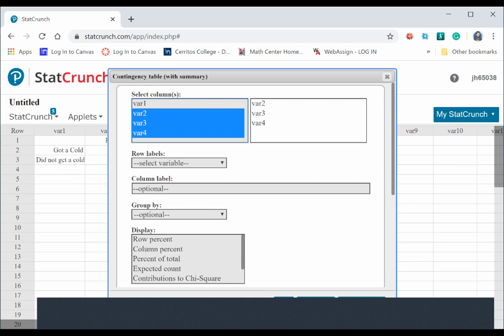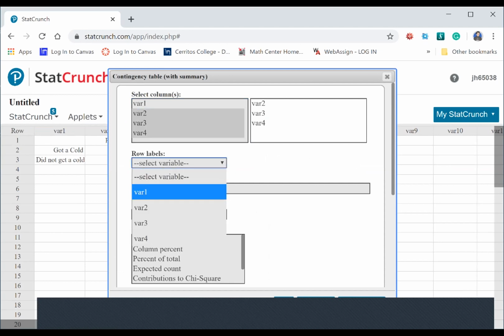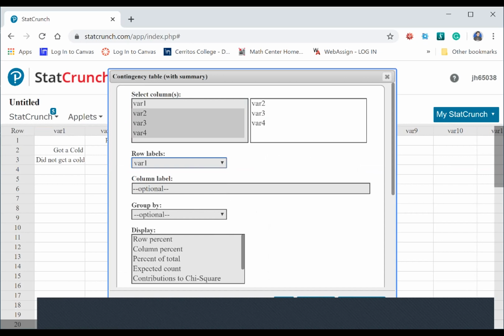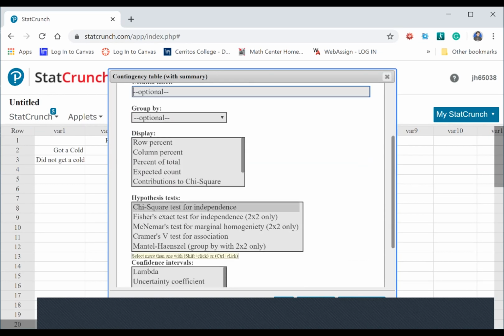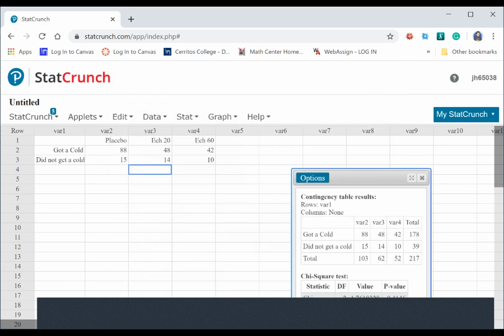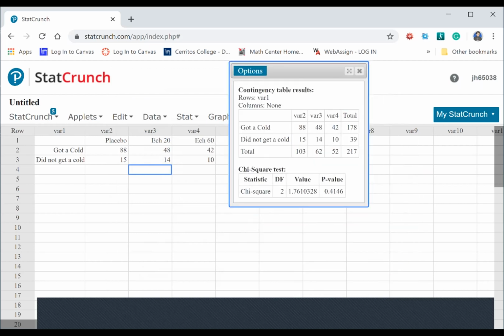That's the thing there. The column for my row labels was the var1 column. Then it says, what do we want? We want the chi-square test for independence. And then we hit compute, and it computed my values.